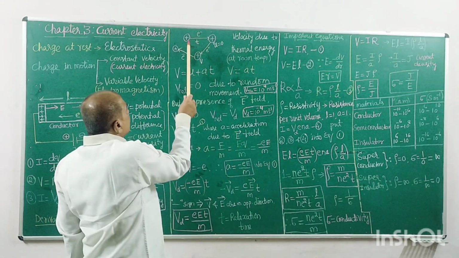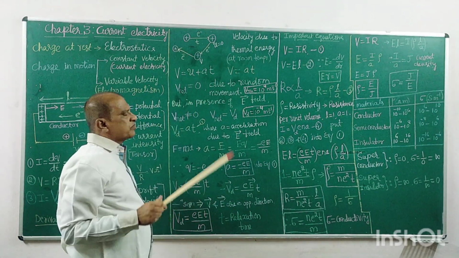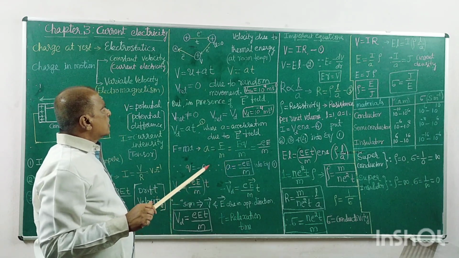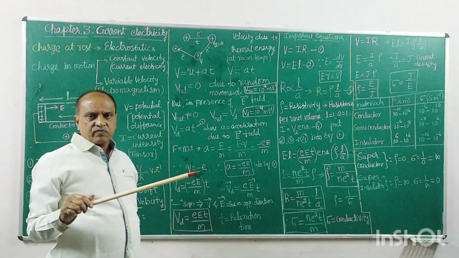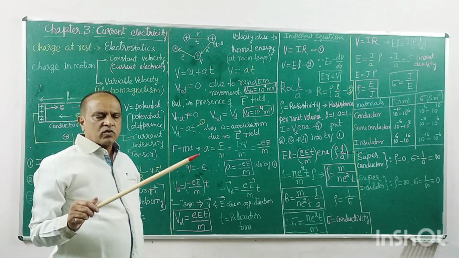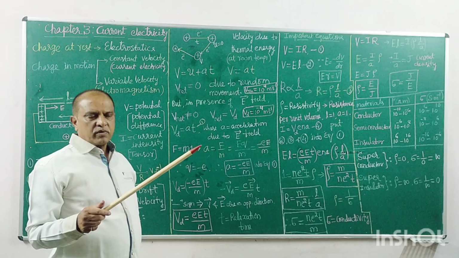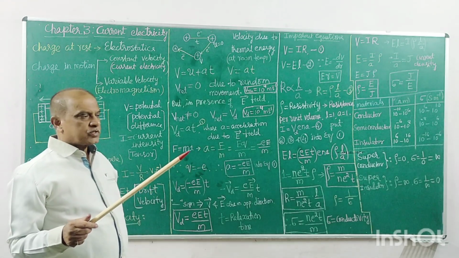Now, it's a material. What is a material? A conductor. As you know, a conductor means a material. The atoms are fixed, and after losing one or two electrons, one electron suppose, they become positively charged.